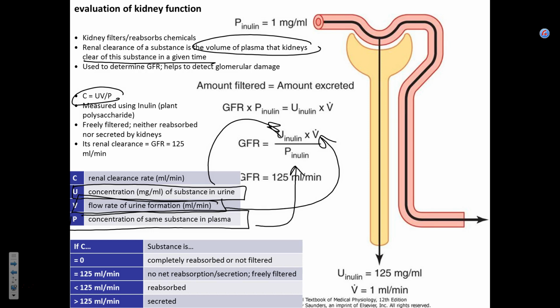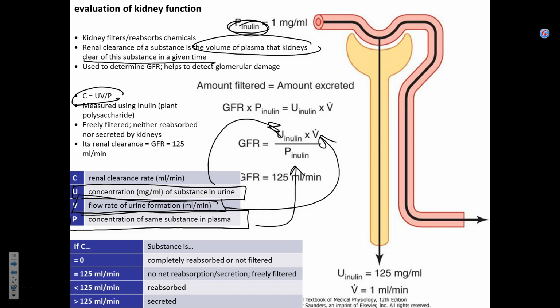We can use renal clearance in two instances. One, we can use it to measure GFR. Imagine that you have a substance. So say you give somebody this carbohydrate, okay? It's a polysaccharide. It's a plant polysaccharide called inulin, okay?